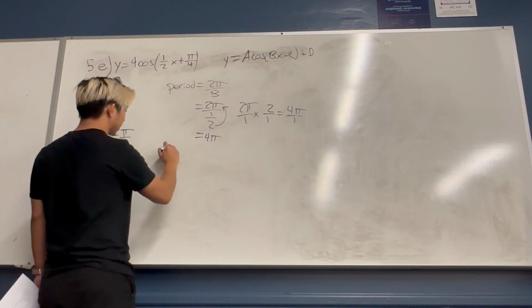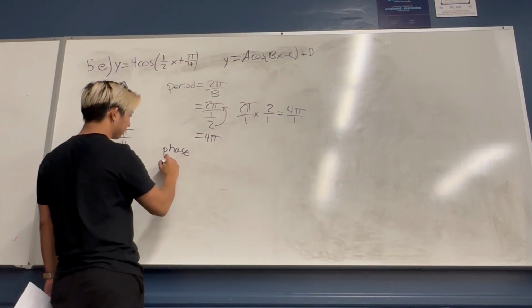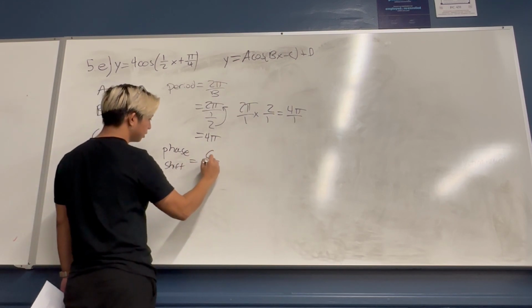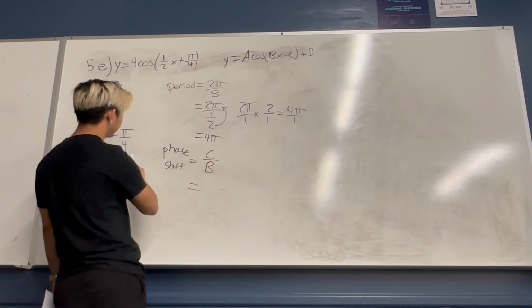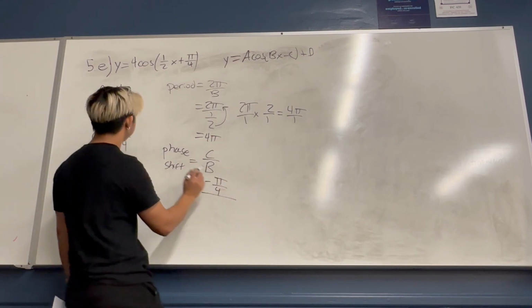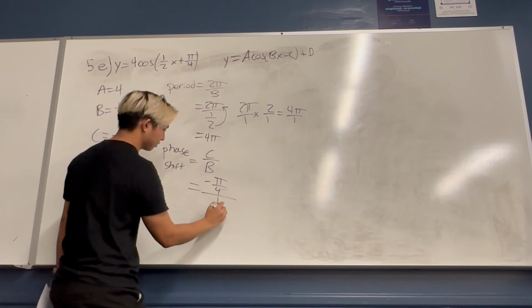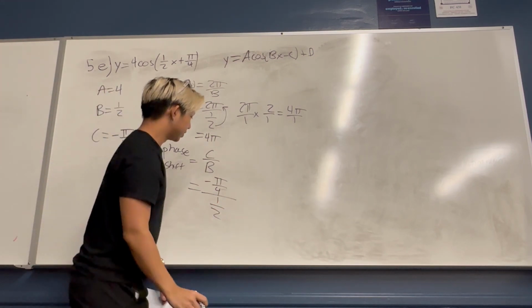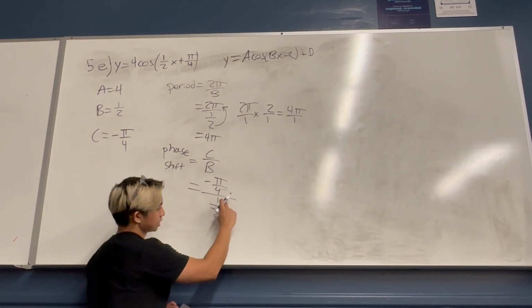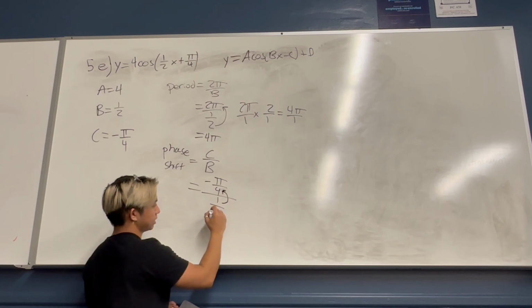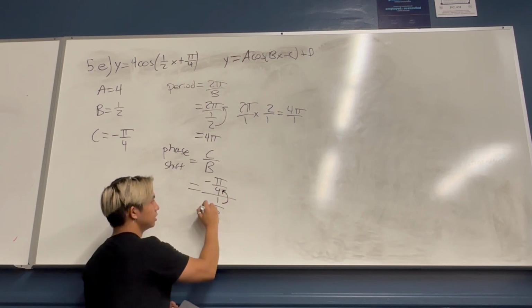So our phase shift, we know the formula for phase shift is C over B. We found that C was negative pi over 4. And what was our B again? It was 1/2. So here we have a fraction over a fraction. Here I like to draw arrows. I'm going to take the top number of the bottom fraction and draw like that, and the bottom number of the bottom fraction goes to the top.